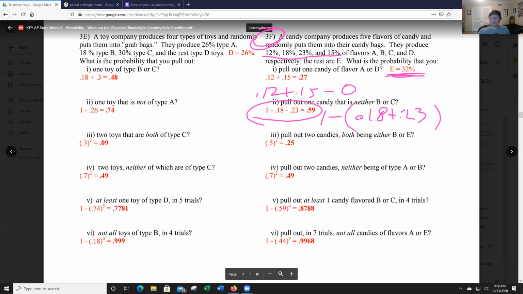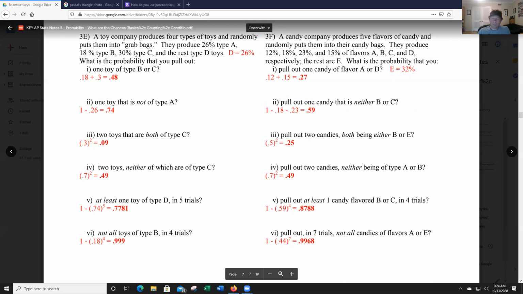Okay, I am now on 3 right here. Pull out 2 candies, both being either B or E. B is 18 and E is 32, that adds up to 50%. Two of them. So really what you're doing is 0.18 plus 0.32, squared.